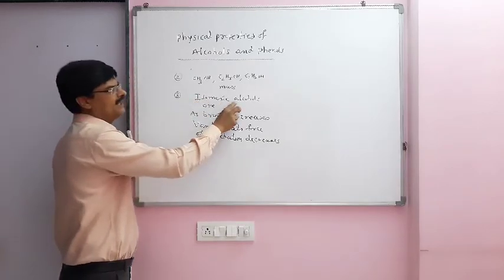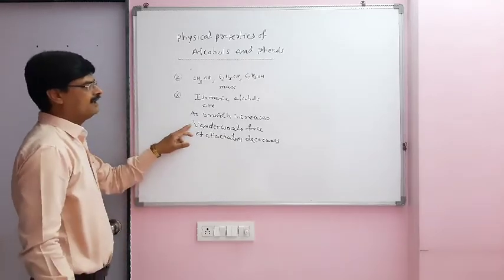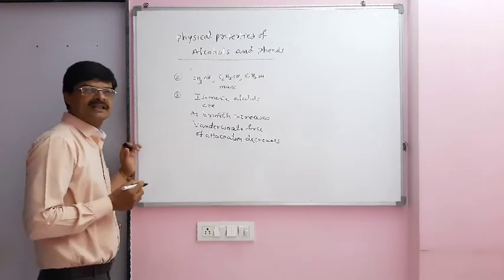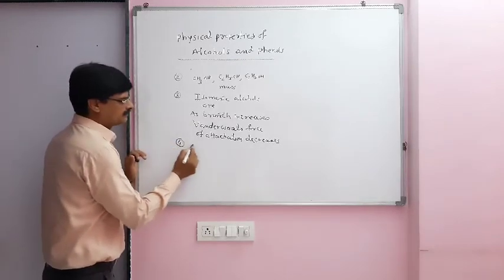So in isomeric alcohols, we have to remember that as branching increases, van der Waals force of attraction decreases and boiling point also decreases.